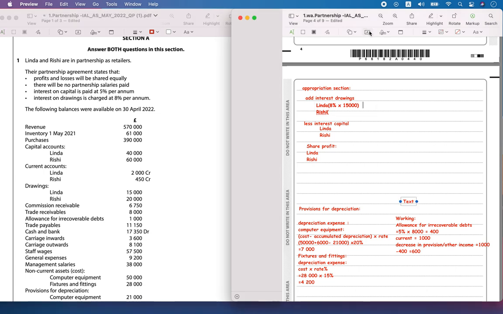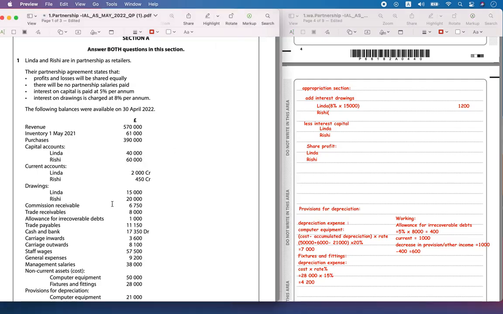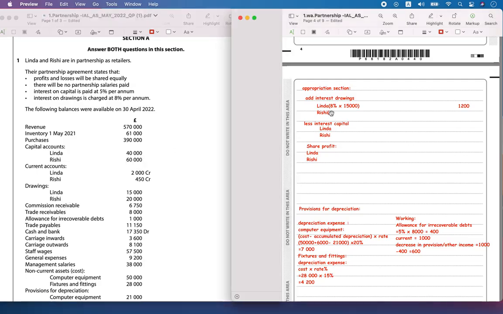So 8% of 15,000 is equal to 1,200. Now for Rishi, 8% on the drawings made by Rishi, which was 20,000. That is equal to 1,600. So let's write that.